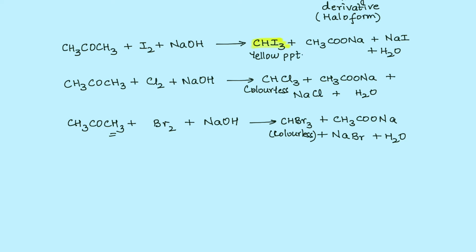Iodoform that is formed over here is observed as a yellow precipitate. That means I can use this reaction to my advantage in order to identify what type of compounds give me iodoform on reacting with iodine and an alkali.